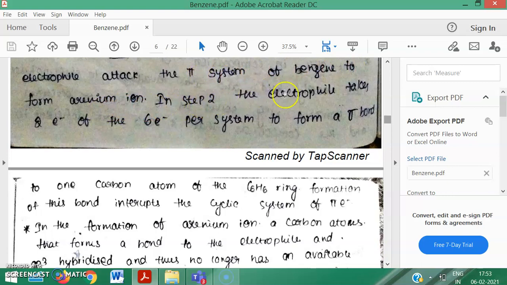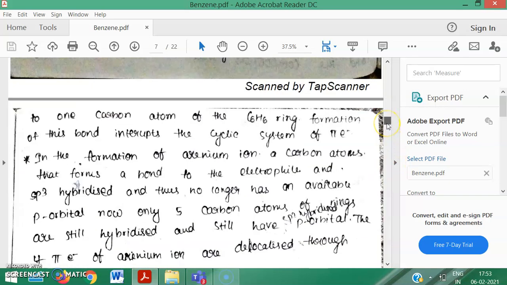In step 2, the electrophile takes 2 electrons of the 6 pi electrons to form a sigma bond to one carbon atom of the C6H6 ring. Formation of this bond interrupts the cyclic system of pi electrons. In the arenium ion, the carbon atom that forms a bond to the electrophile is sp3 hybridized and thus no longer has an available p orbital.